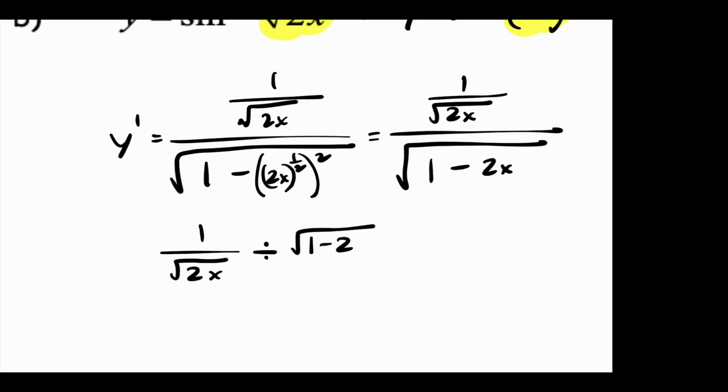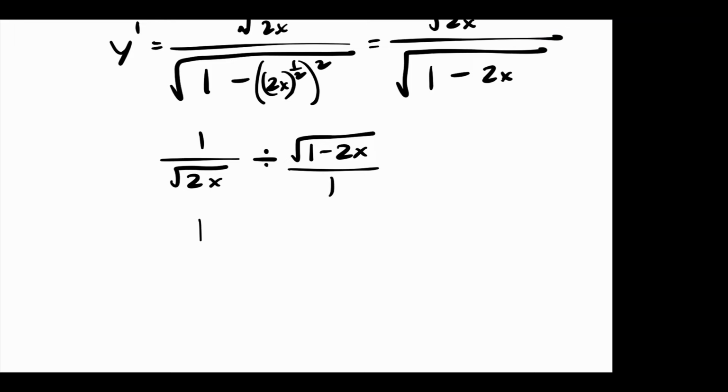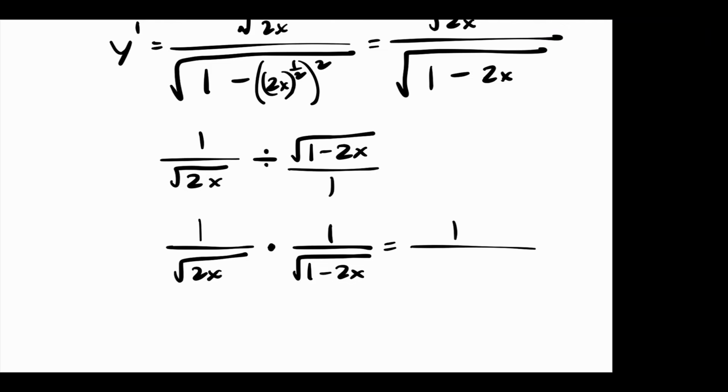Square root 1 over 2x, this is over square root of 1 minus 2x. Well, when we're dividing fractions, we keep, change, flip. So keep the first one, change to multiplication, flip the second one. So on top, I get a 1.